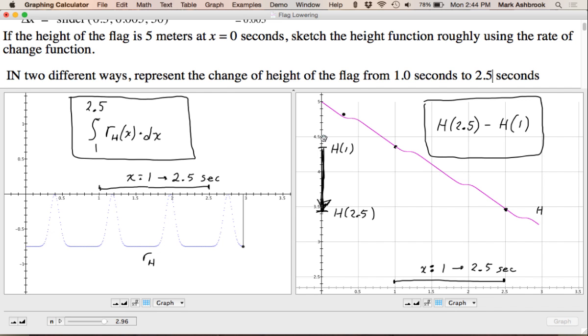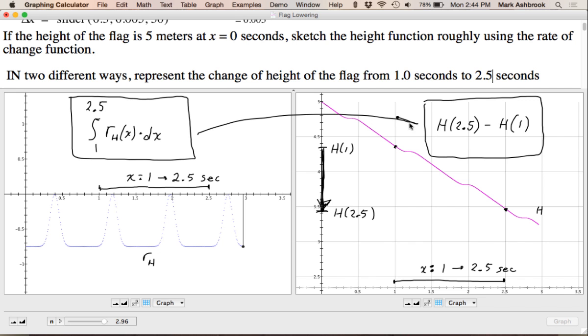And that amount of change we can also represent with the integral from 1 to 2.5 of r sub h of x dx. Does it make sense? All right, so if what's in this box is representing the same amount of change as what's in this box, what can we say? They're equal, right?